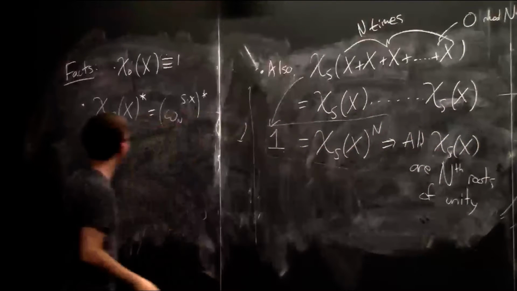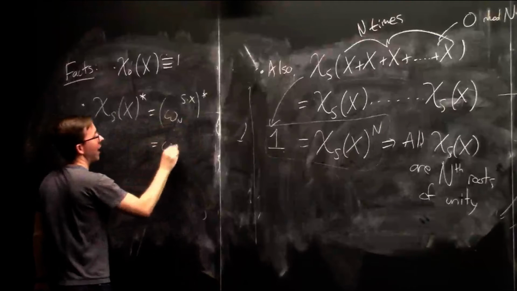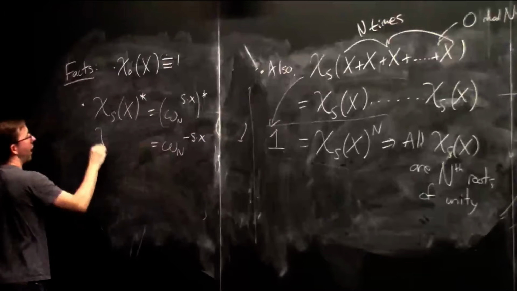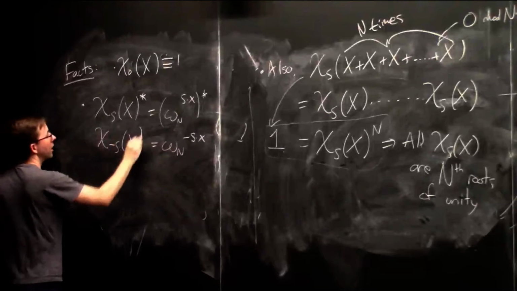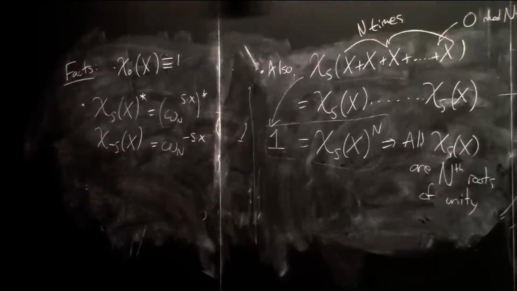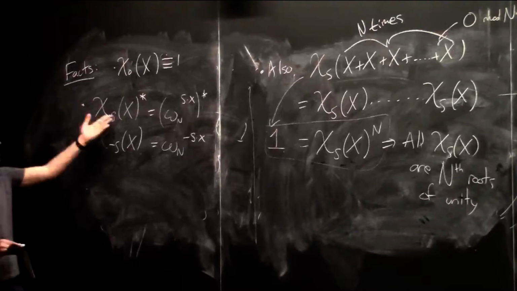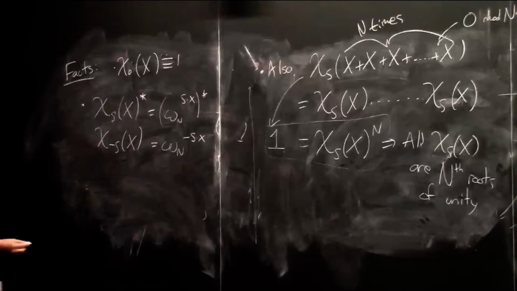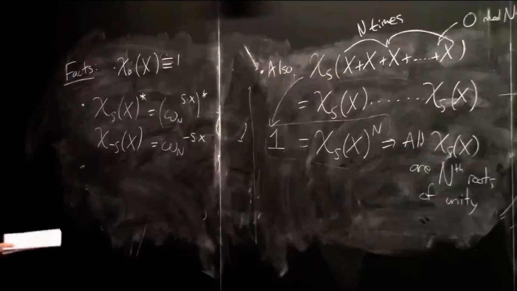So you can see it's just omega n to the minus s dot x, which is chi minus s x. That's a minor fact that we'll occasionally use. It says that if you take the complex conjugate of a character, you get a different character, which is good because sometimes you take complex conjugates.